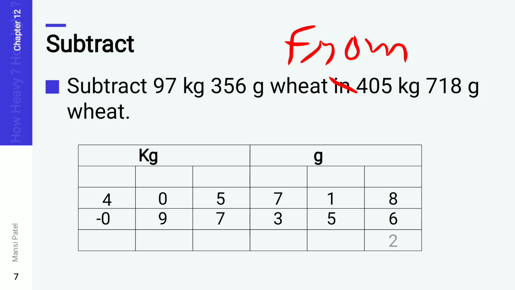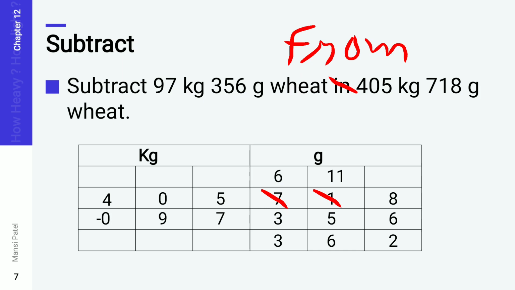8 minus 6, 2. 1 minus 5, is it possible? Not possible. So we have to borrow from the 7. So 1 becomes 11 and 7 becomes 6. Now 11 minus 5, 6. 6 minus 3, 3. Now 5 minus 7, is it possible?